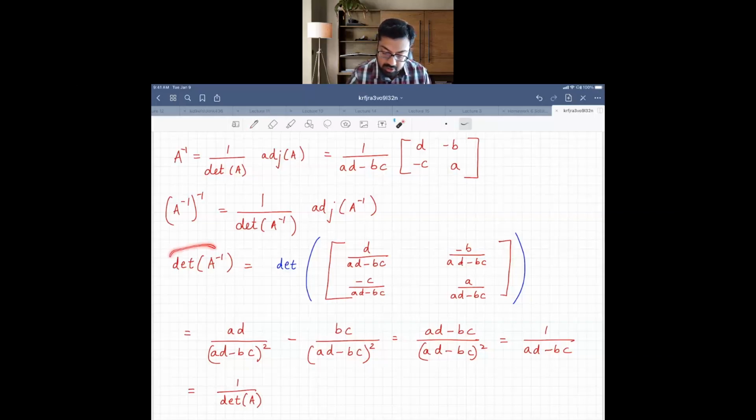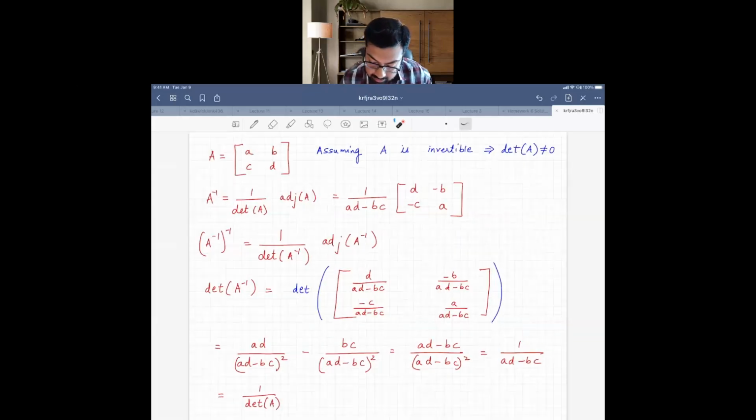So I know that the determinant of A inverse worked out to be 1 divided by AD minus BC. I was going for the inverse of A inverse. I just need to find the adjugate of A inverse.